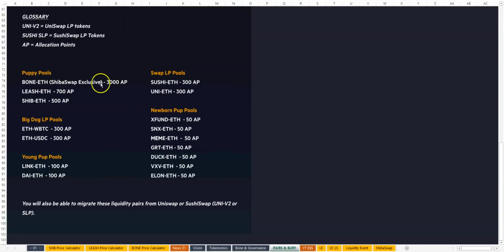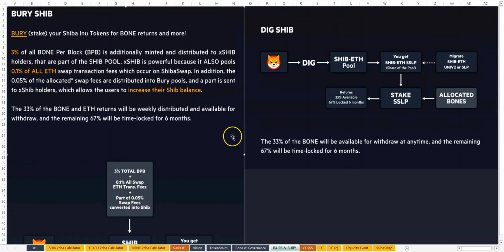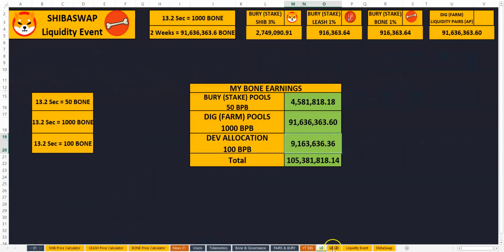For example, BONE F has a weighting of 3,000. SHIB F has a weighting of 500, and they all have different weightings, and that's the weighting which is going to determine how much BONE you're going to get.